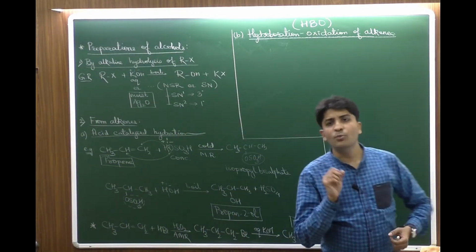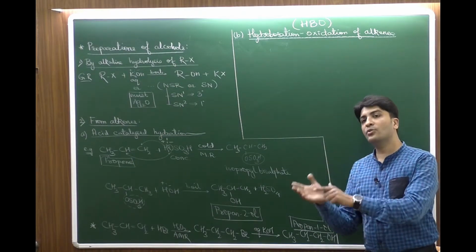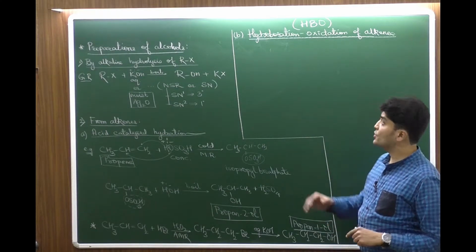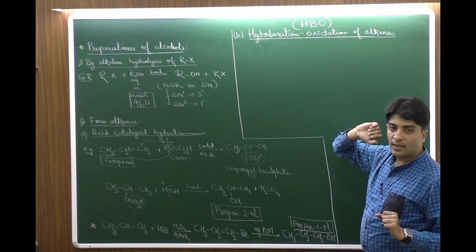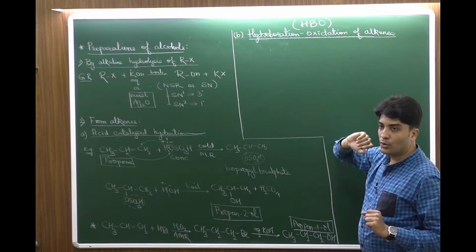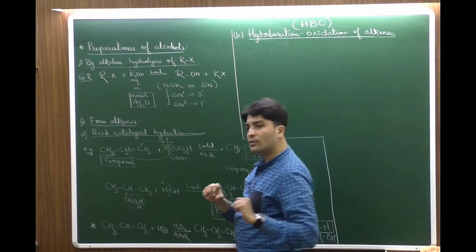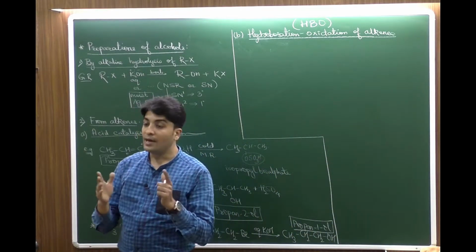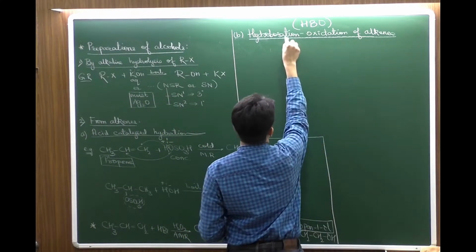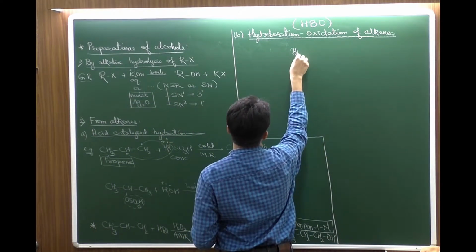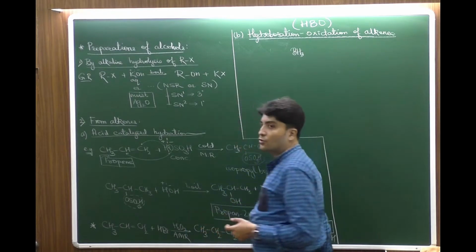The word hydroboration, similar to hydrohalogenation, refers to addition of hydrogen and boron. Now, which is the simplest hydrogen boron compound? The hydride of boron, that is BH3, borane. So the hydroboration means we are going to add BH3.